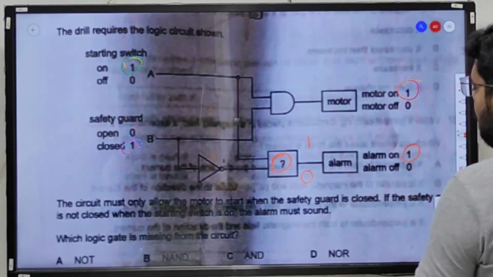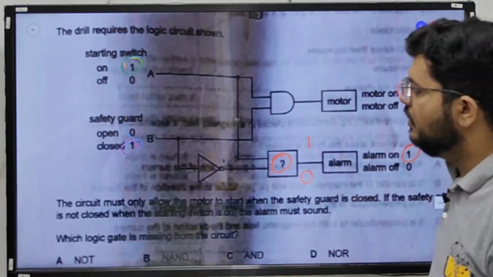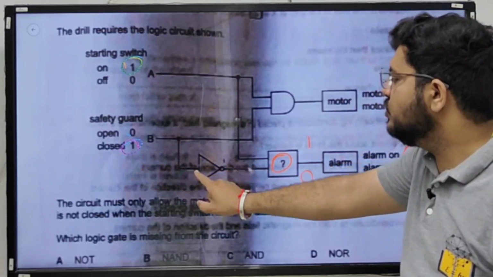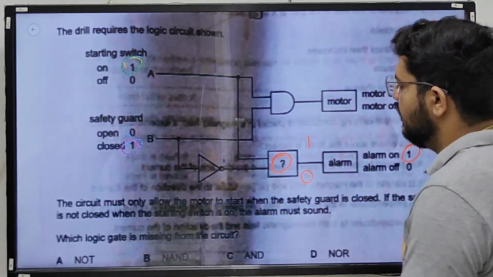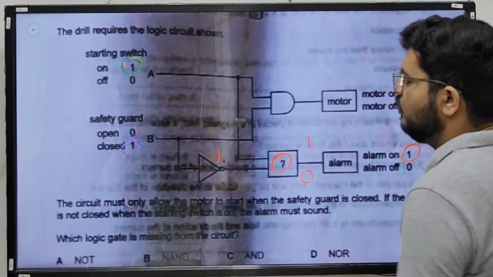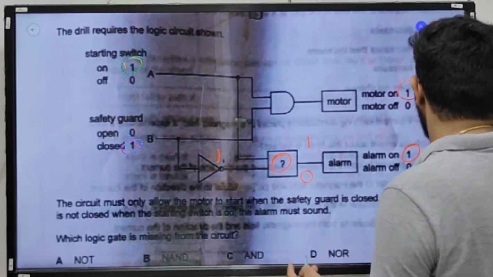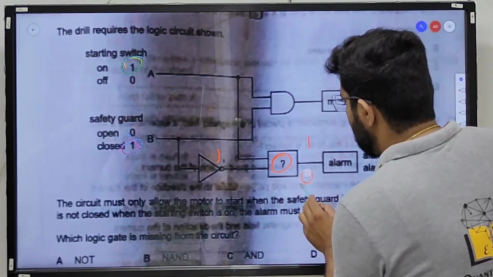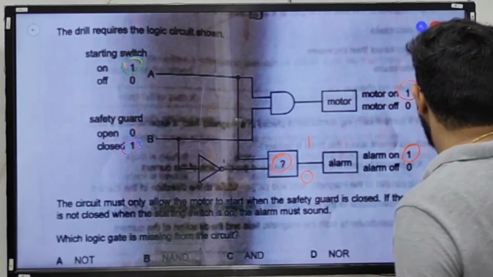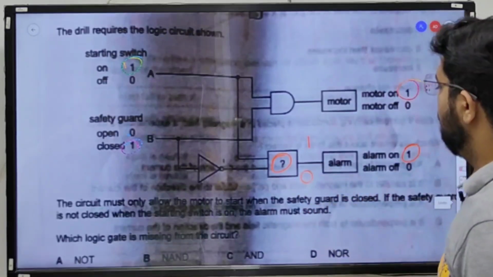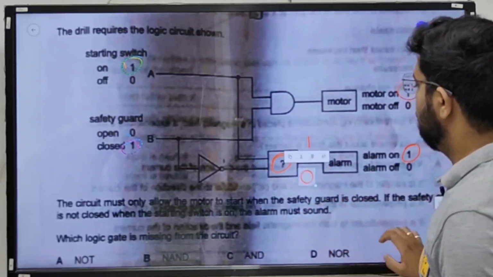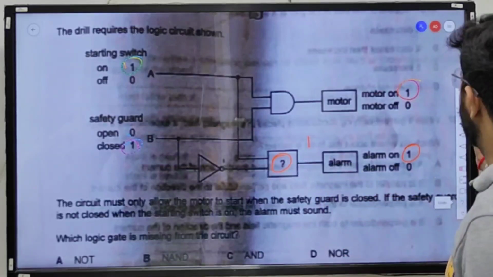So we need the output 1. So when safety is closed, this is a NOT gate, right? So this gives 1 output. And when it is open, we need to change this a little bit.